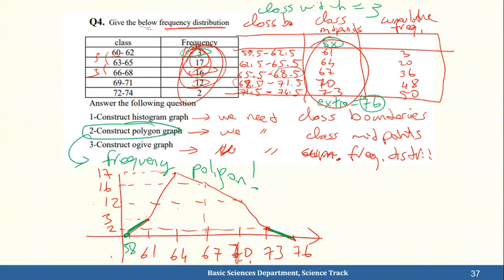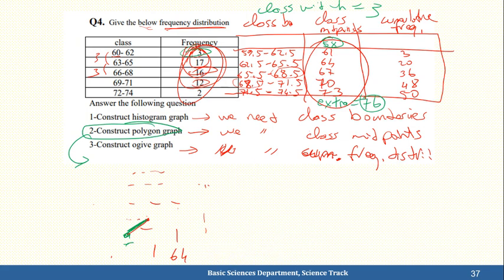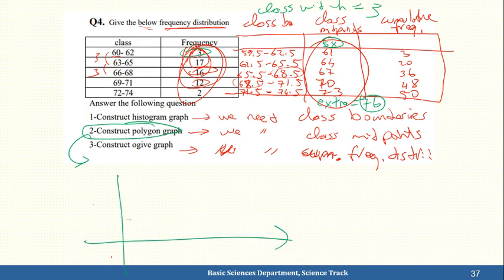Okay, then the last one, the Ogive graph. In the Ogive graph, we take the upper boundaries, and then we put the cumulative frequencies, and it will give us the graph. This time, let's make it blue. We look at the upper class boundaries here: 62.5, 65.5, 68.5, 71.5, and 74.5.